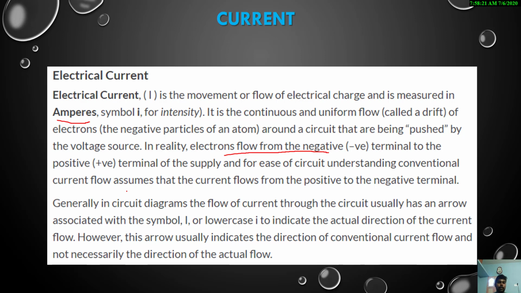Generally, in any circuit diagram, the flow of current usually has an arrow associated with the symbol I. It will be like this, or like this for the negative direction. This is the basic symbol of any current source.